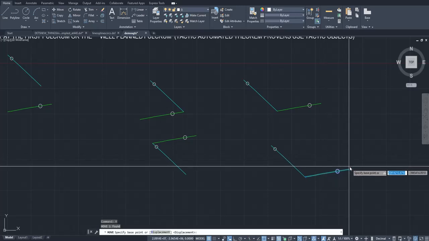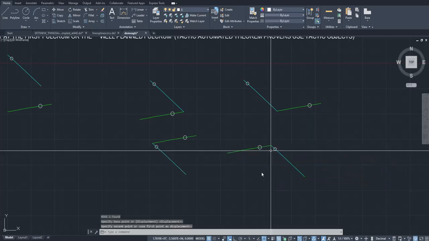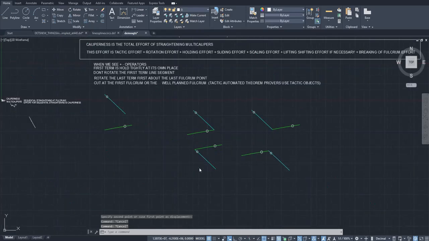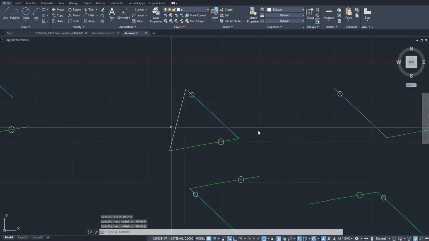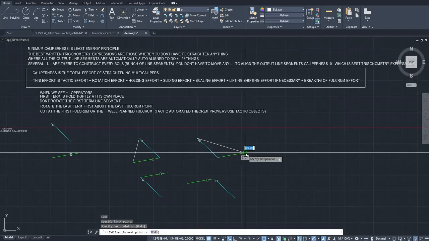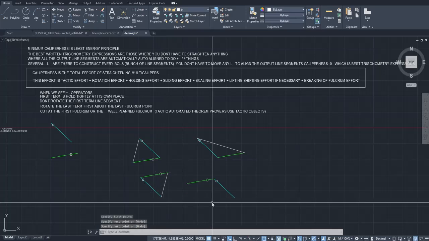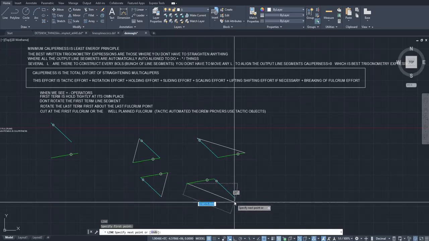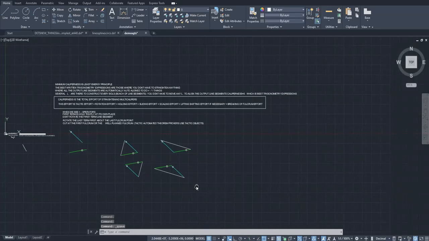These are the 4 different arrangements, and after getting them, we can place the third line segment to complete the triangle. The 2 similar triangles on the left hand side and right hand side give us the equality conditions for the trigonometry ratios, and caliperness is described in this way.